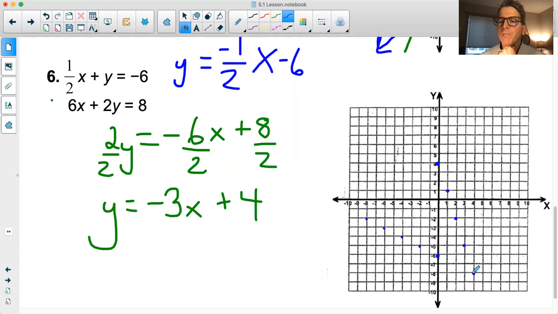Okay, so this line here cuts through, and this line here, the second equation, comes down and cuts through. So I made a mistake on the slope. I was graphing a positive slope, and I should have been graphing the negative slope.